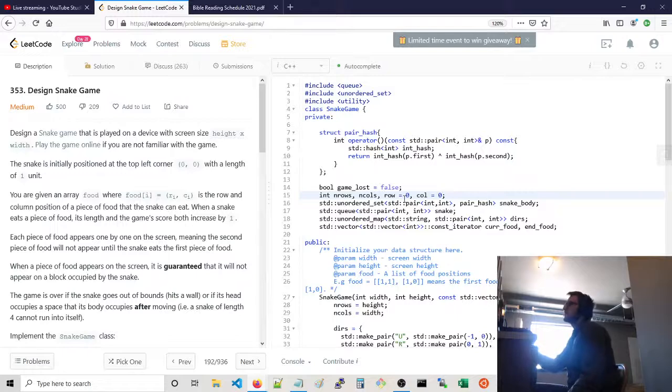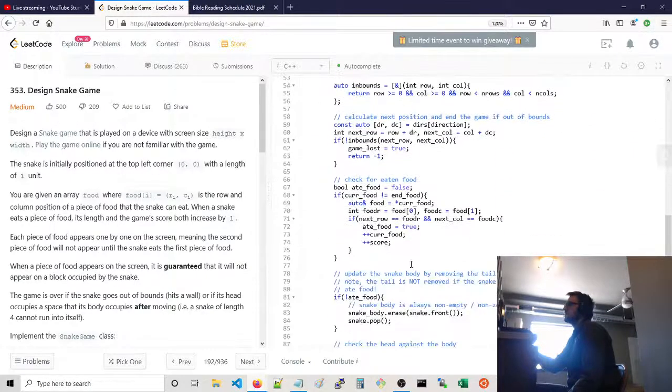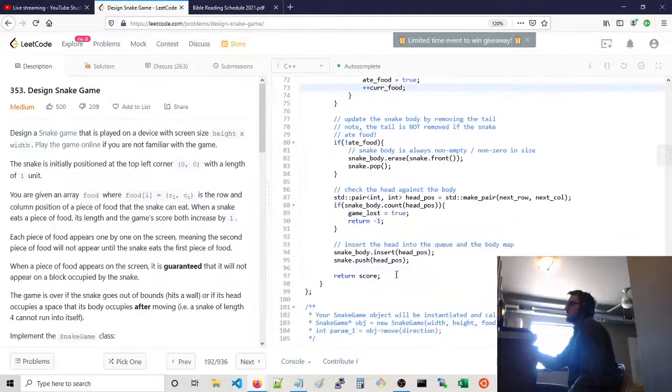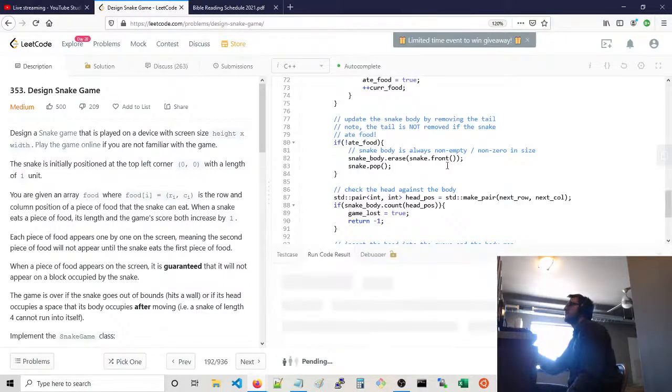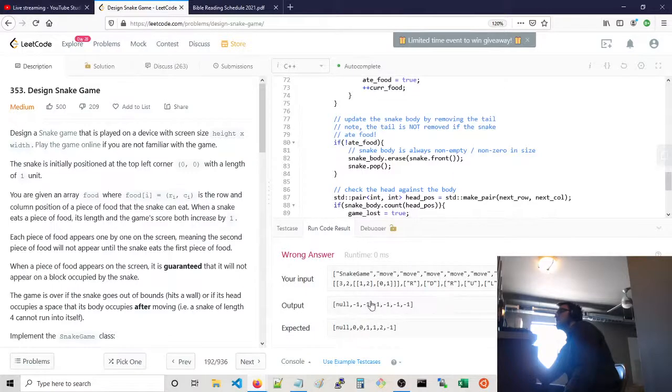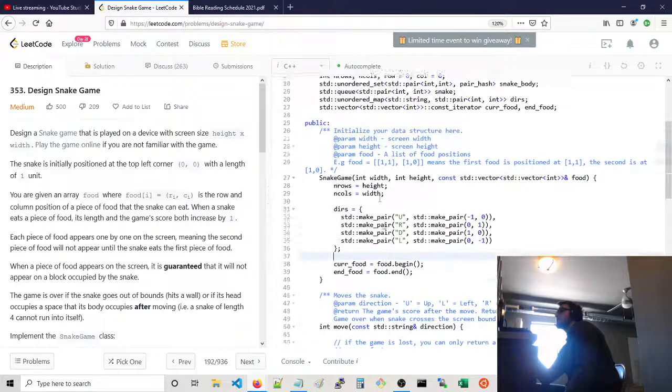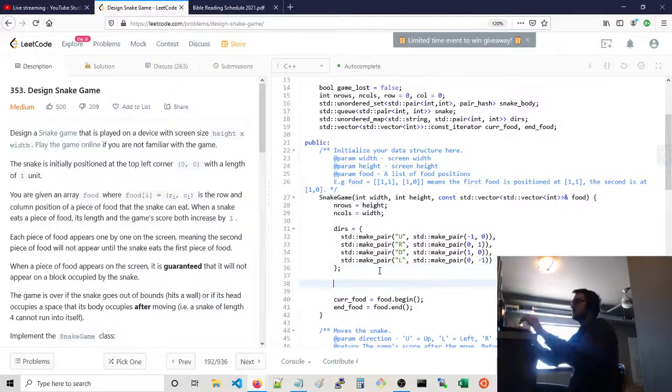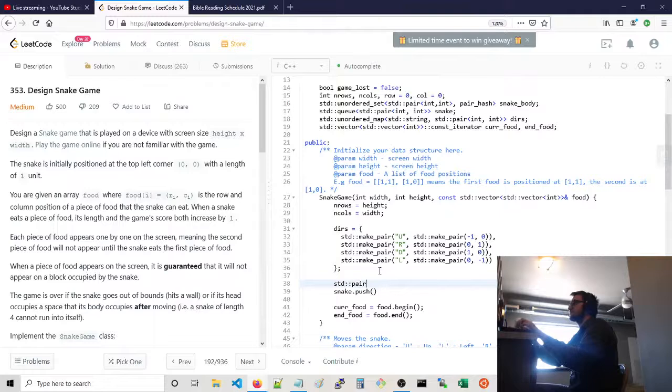I don't really need that. We can derive that from snake.size minus 1. Oh, I see. And the snake initially, snake.push initial head is going to be, you can actually just do 0.